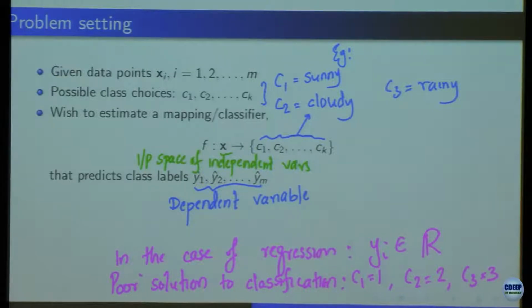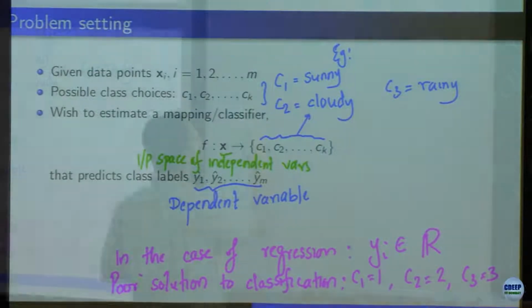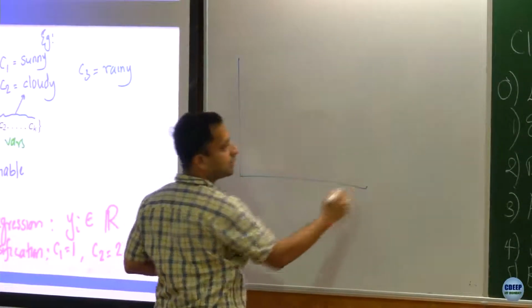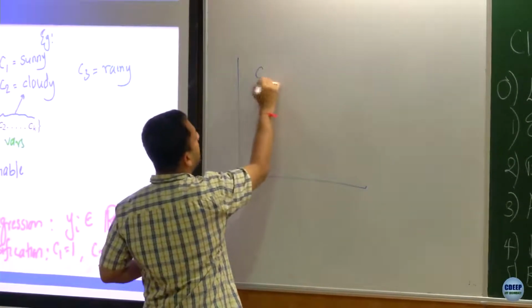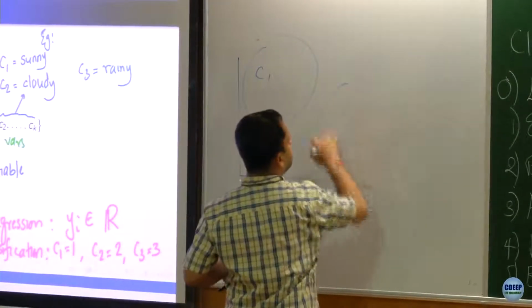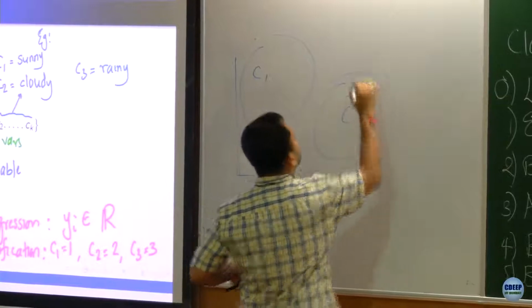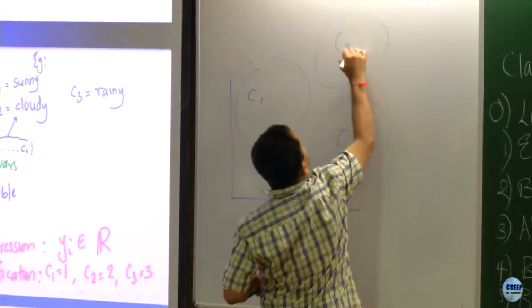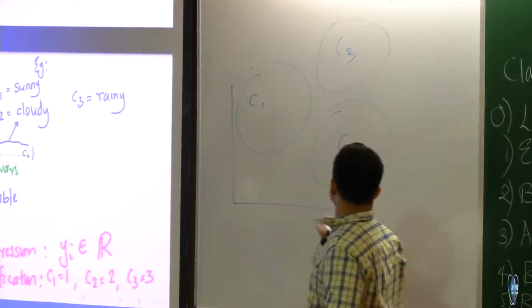Do you see some serious issue? What's a serious issue? You can't impose an ordering. Okay, so I am repeating his point. Let's say this is class C1, this is class C2, this is class C3, and let's consider a two-dimensional feature space.